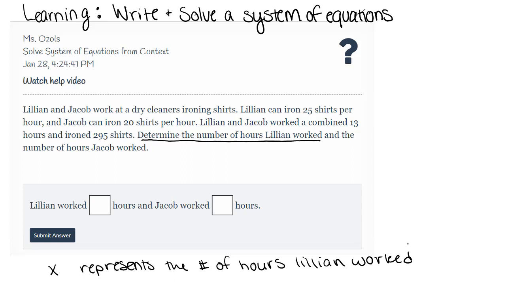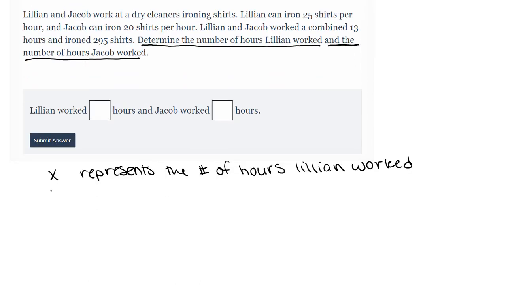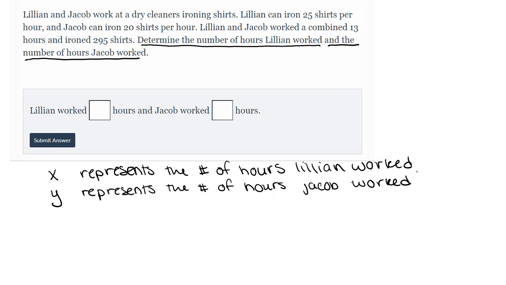The other thing we need to solve here is the number of hours Jacob worked. So that's going to be my other variable y. Okay, now that I know that, I'm writing that down so that when I get my answer, which will be two numbers, I can reference back and make sure I know what those numbers represent.